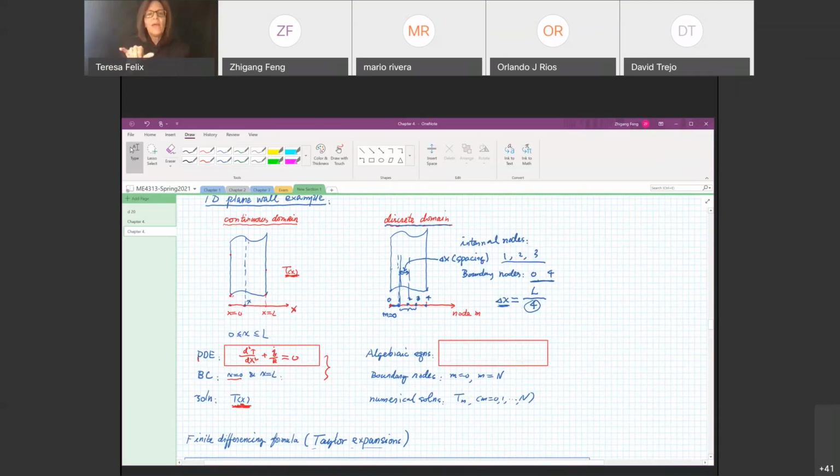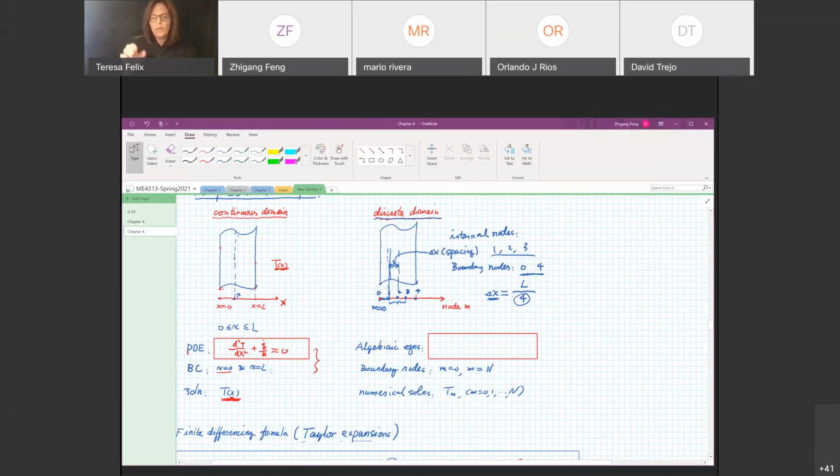To solve for the temperature, our objective is to find the temperature at these node points. So the numerical solution T sub m includes T at the first node, T0, T1, T2, T3, and the last node, T4. So we want to solve the temperature at these node points.